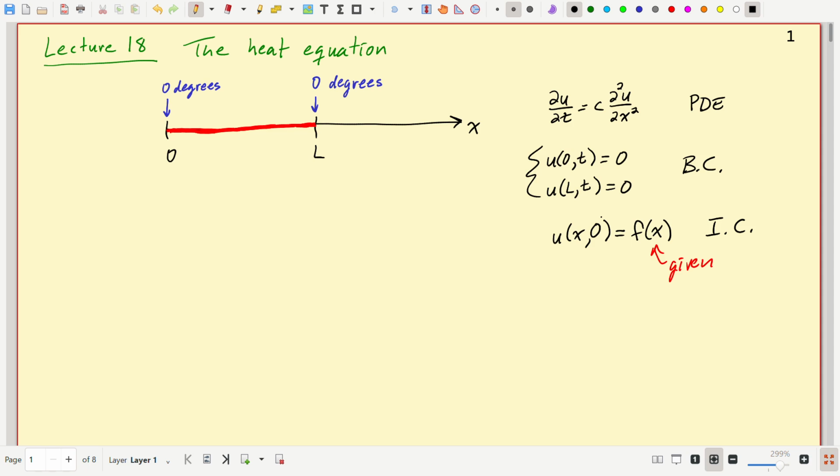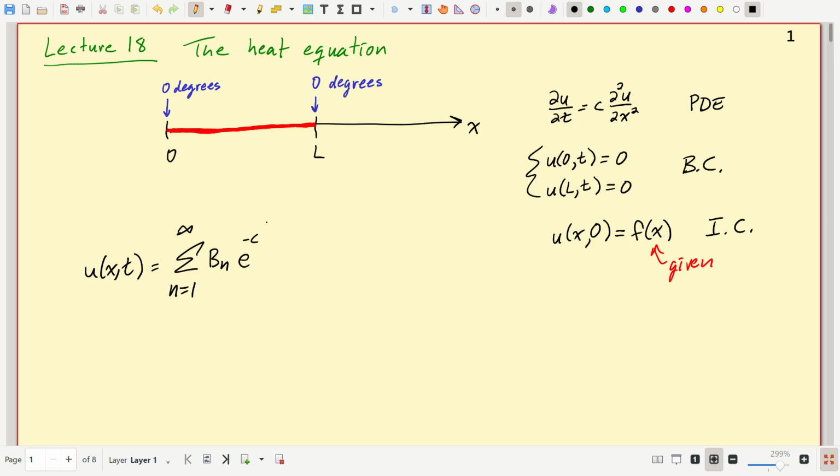So I want to review what we did last time. I did the method of separation of variables last time and found the solution U of x,t is the sum from n equals 1 to infinity of coefficients b_n times e to the minus c times n pi over L squared t.